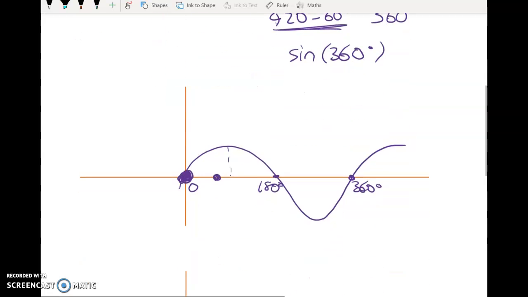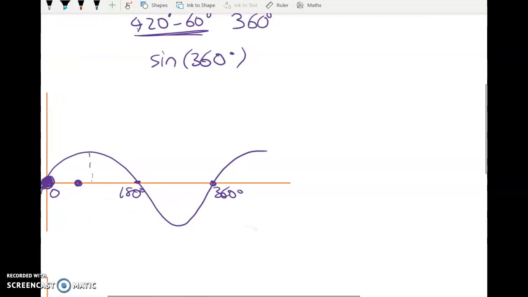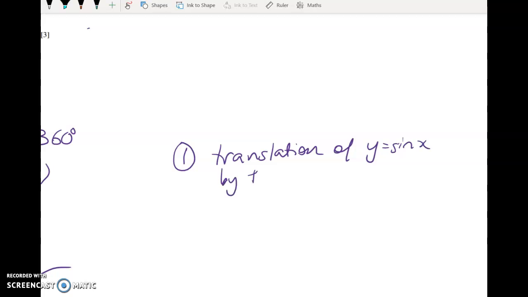So the first thing I'm going to talk about in here is that there is a horizontal translation. And I'm going to give you that language now. So this is working with it in this form, y is equal to 4 sine of all of that. The first thing we're going to look at is the horizontal translation. So factor 1, or translation 1, is a translation of y equals sine x, and it's translated by this vector.